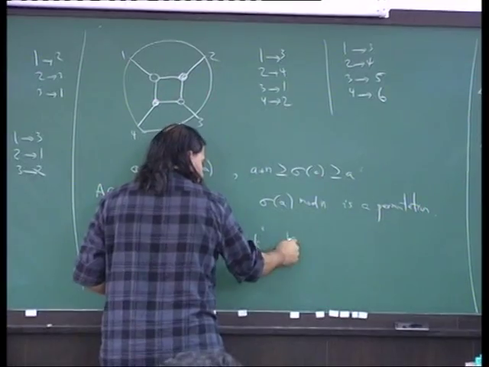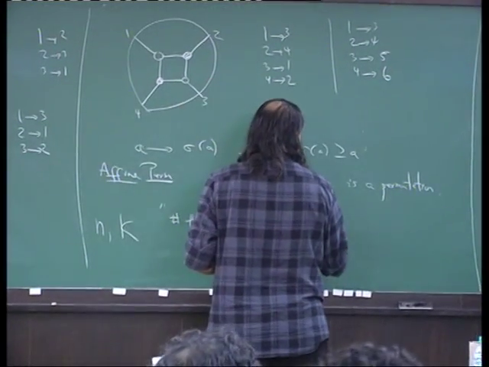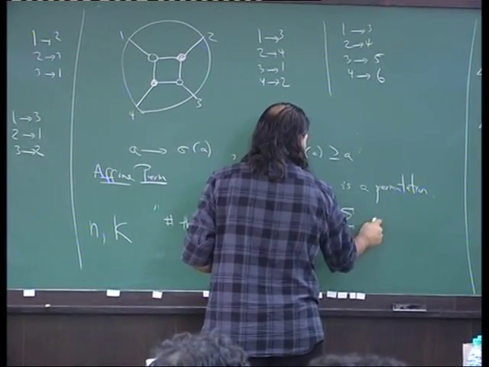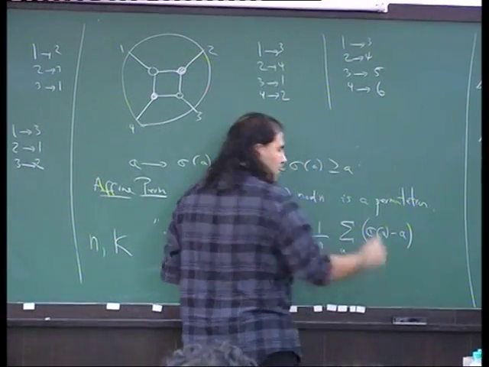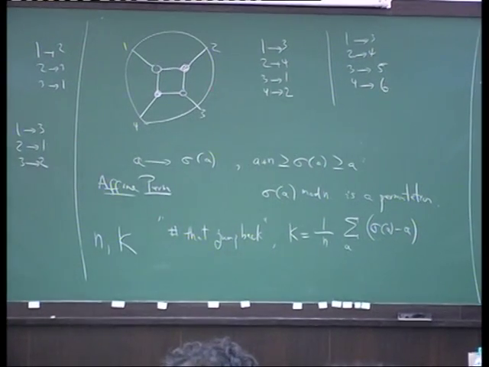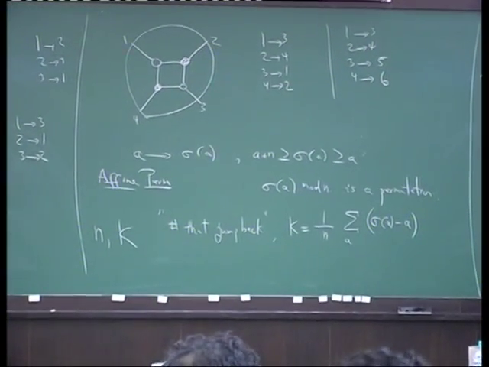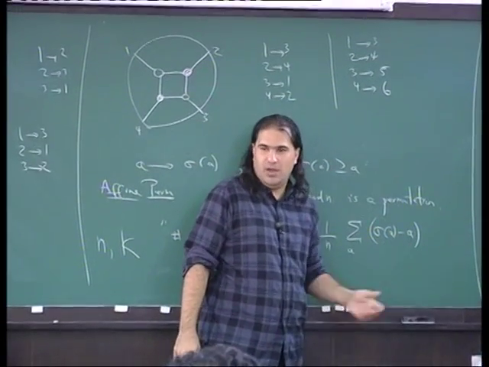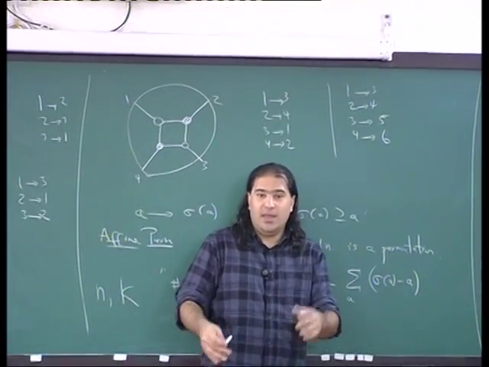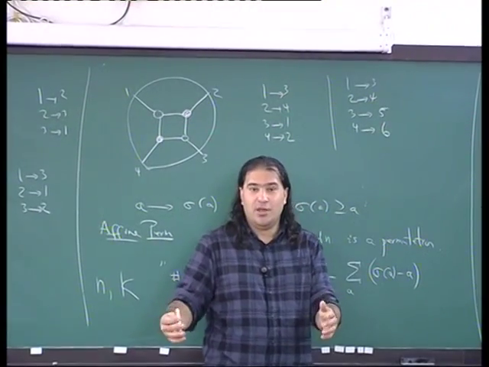Loosely, and concretely, k is just the average value of sigma of A minus A. If you didn't jump back at all, that average value would be 0. And of course, since sigma of A is a permutation, except for some number of guys, k of them, you jump back.